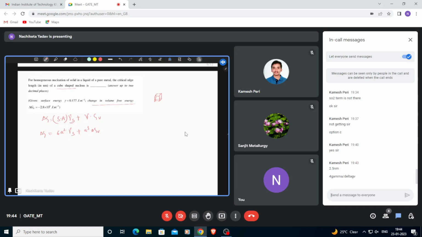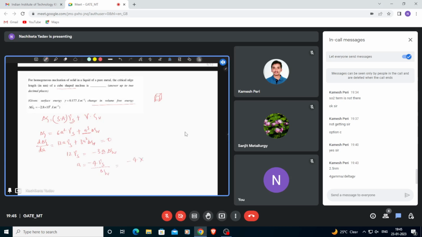For the critical value we take delta G by dA, so we get 12a gamma s plus 3a square delta GB equal to 0. So 12 gamma s equals minus 3a delta GB, and a will be minus 4 gamma s by delta GB.